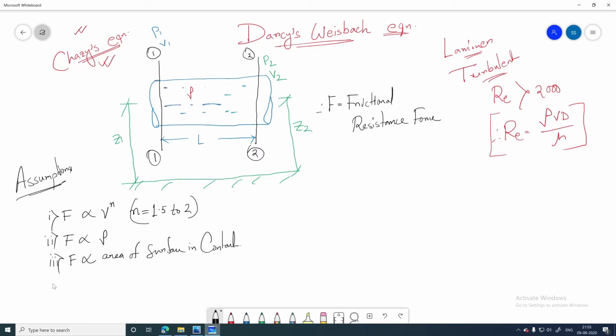Now the fourth assumption in the Darcy-Weisbach equation is that the frictional resistance force is independent of pressure. Very important point.